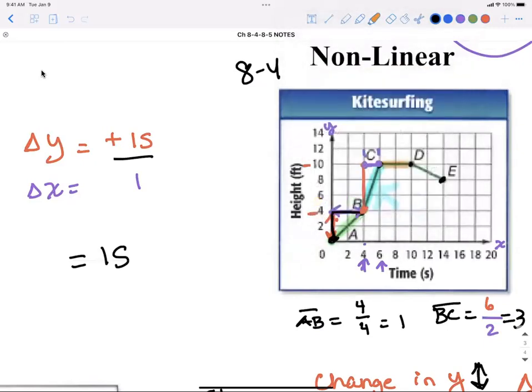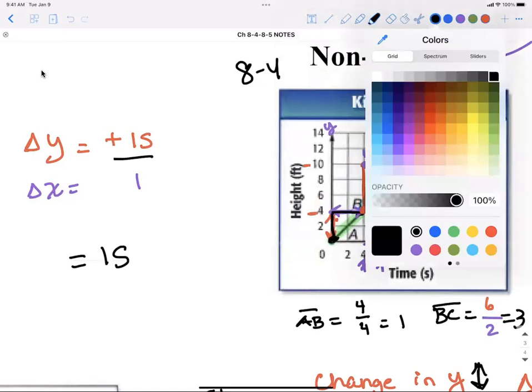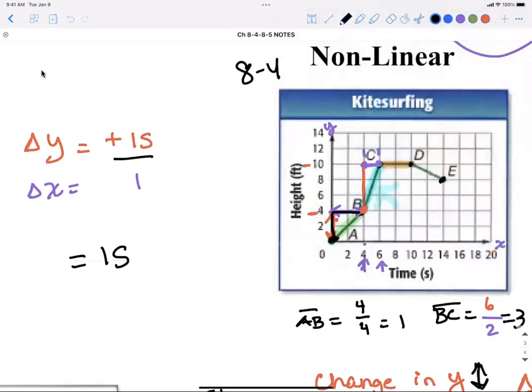So if I want to find the slope or the rate of change for section CD, I'm going to go with the rise, or how far does it go from point C to point D? Well, if you notice, there is no rise. If I go from point C right here to point D, I don't rise at all. I'm at 10 and I stay at 10.